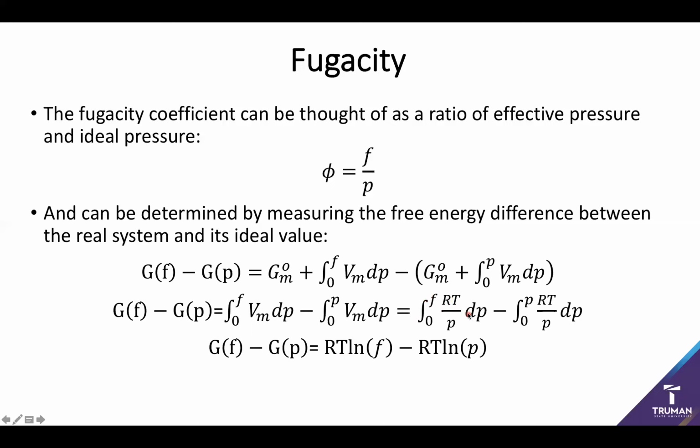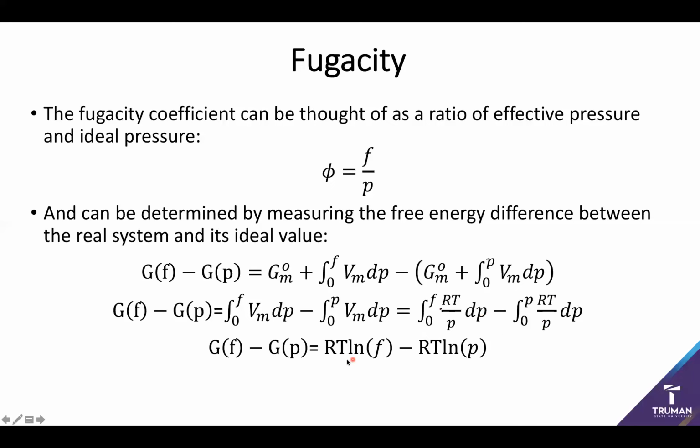And then our good old friend, the integral of dP over P, which gives us a natural log. Now this one would give us the natural log of f, which we have, minus the natural log of 0, which ends up disappearing, because so does this guy. So the two reference pressures end up canceling out.